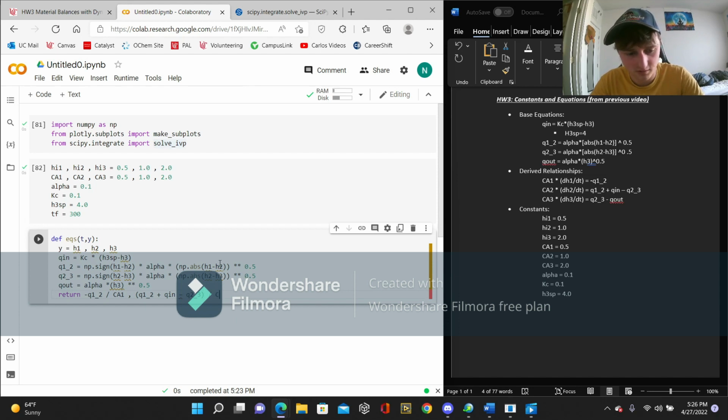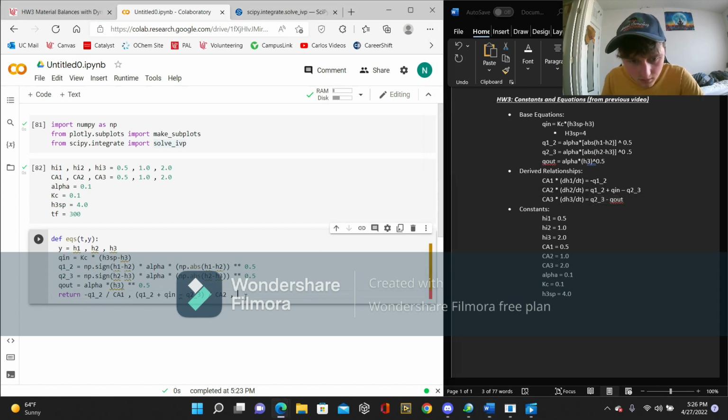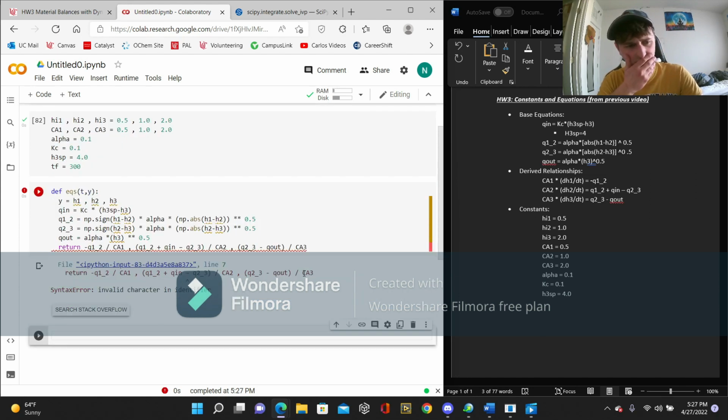Correct. Divide by Ca2. And then we are going to need Q23 minus Q out. And again, these are what we derived in the last video. And I believe that that should work.